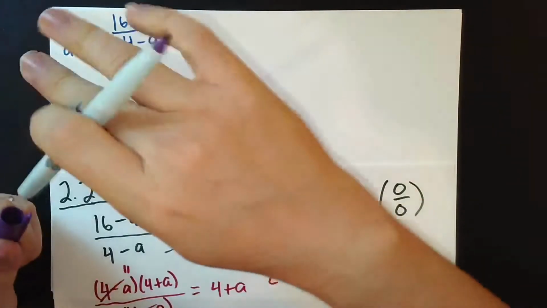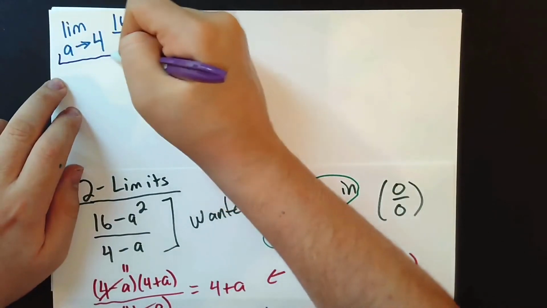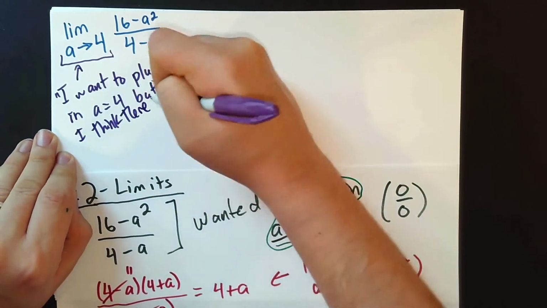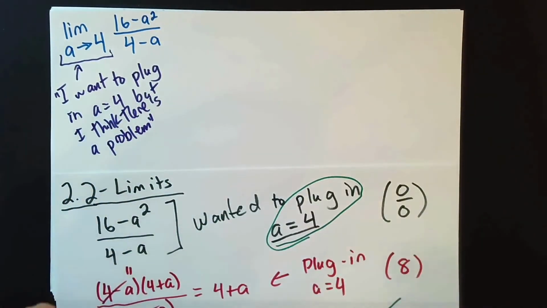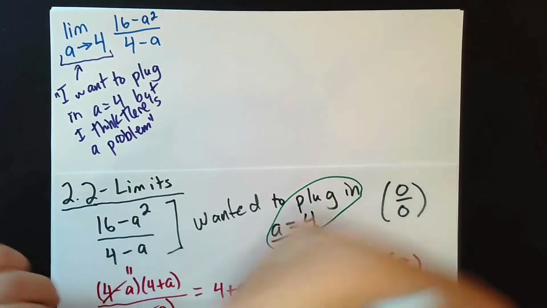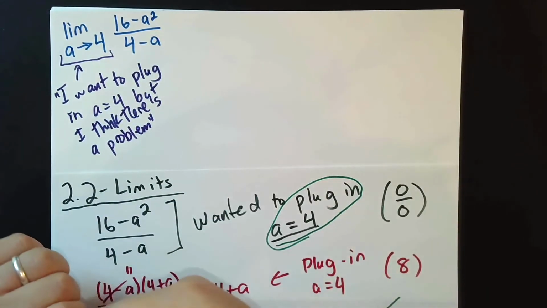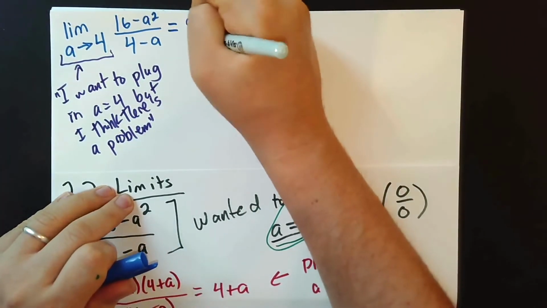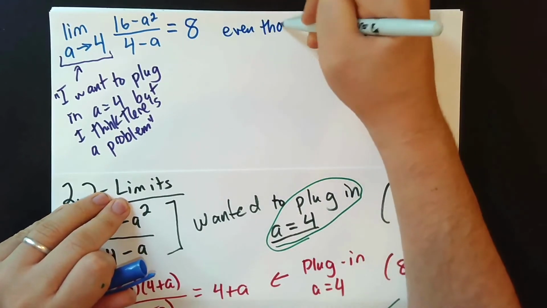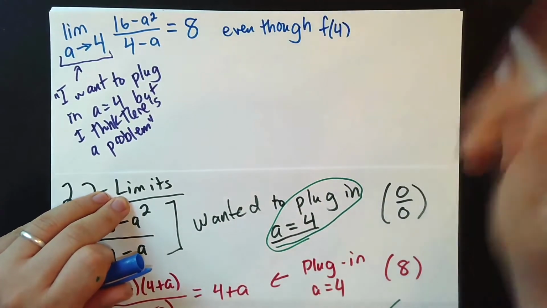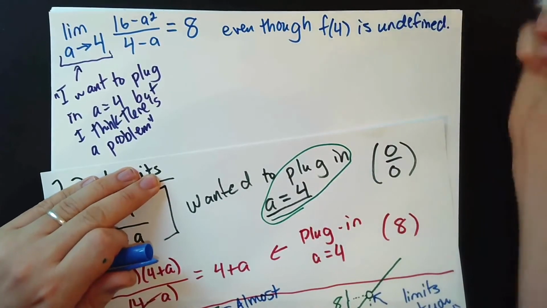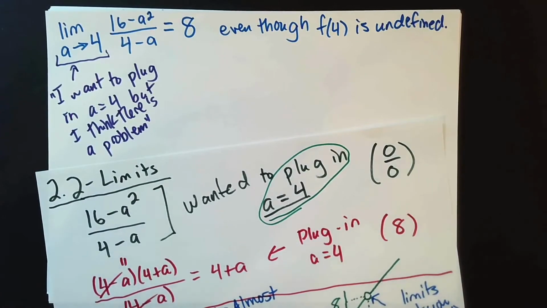And really, you should think of this as saying, I want to plug in a equals 4, but I suspect there's a problem. But once we have this technology, we're going to be able to say, this is equal to 8. And this is even though f of 4, that is our function where we just try and directly plug in 4, is undefined. Okay, that is the whole point of limits.